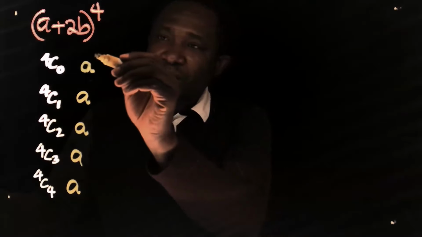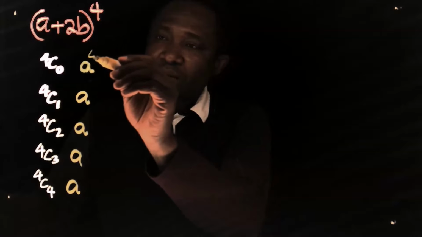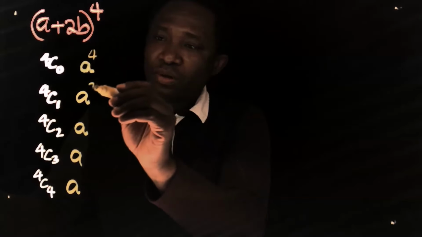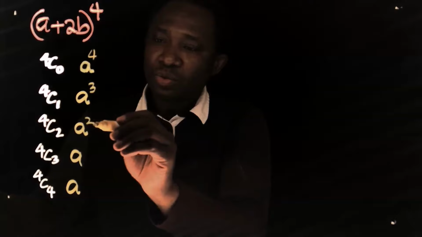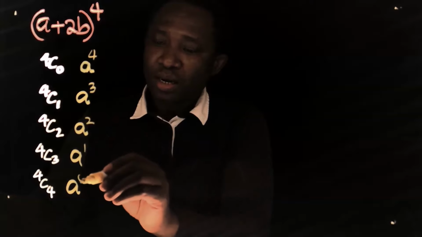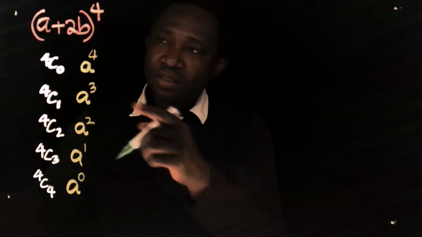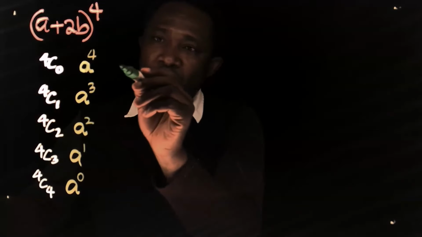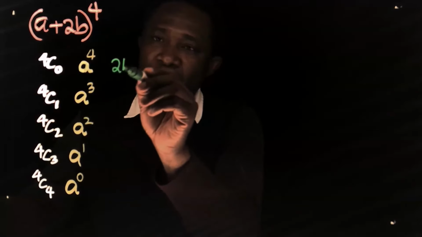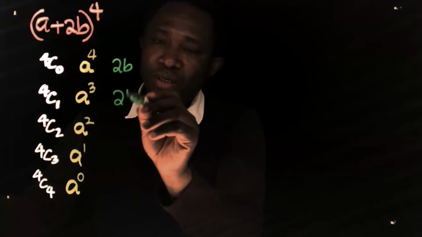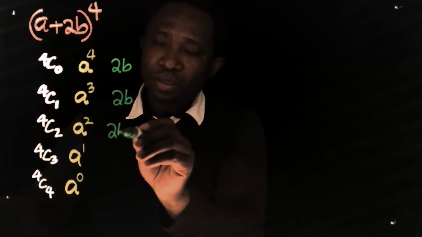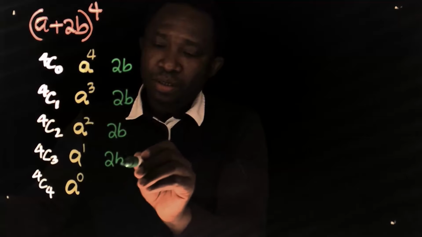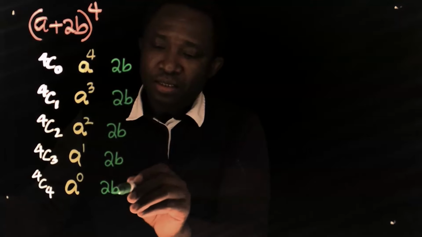I will start with 4, 3, 2, 1, and 0. The next one is 2b. Hence, I will have 2b, 2b, 2b, and 2b.